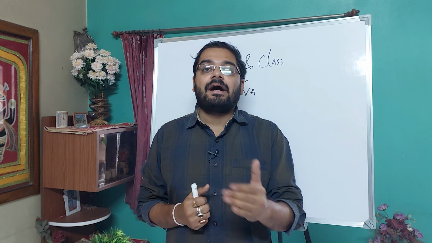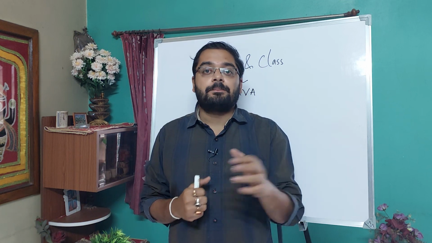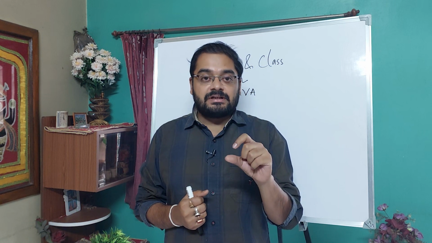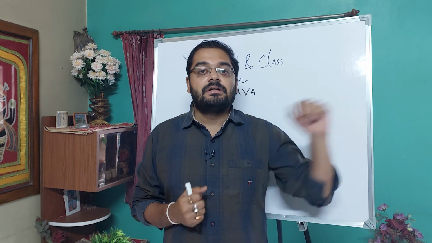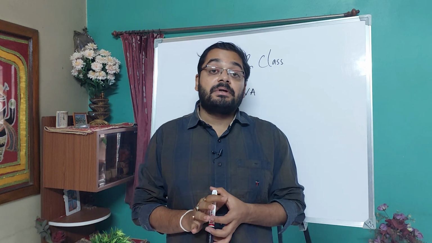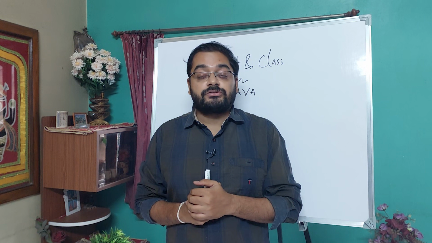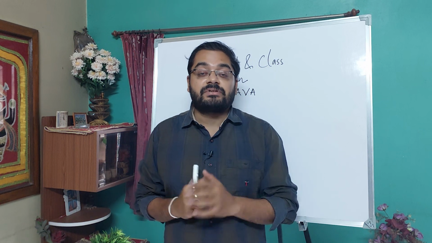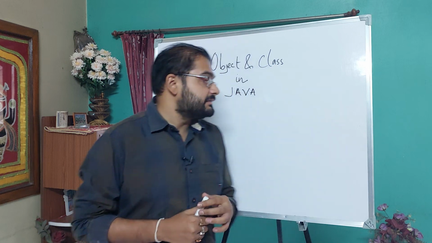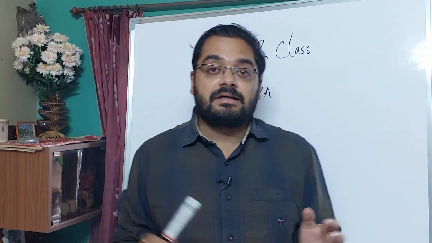Abstraction means data hiding, to hide some data from others. This abstraction is not present in procedure-oriented programming. So object-oriented programming is more secure than procedure-oriented programming because of abstraction, that is called data hiding. So today I will discuss the topic, that is object and class in Java.